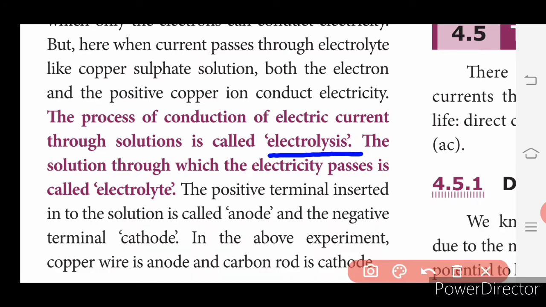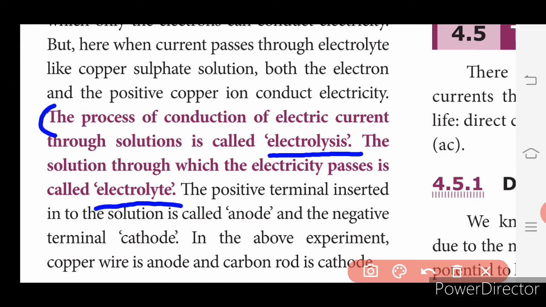Whereas the solution through which the electricity passes, the solution you are taking, is called the electrolyte. Listen carefully, the definition is very, very important, don't get confused. What is electrolysis? The process of conduction of electric current through a solution.